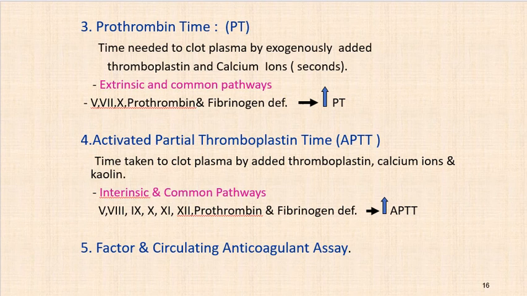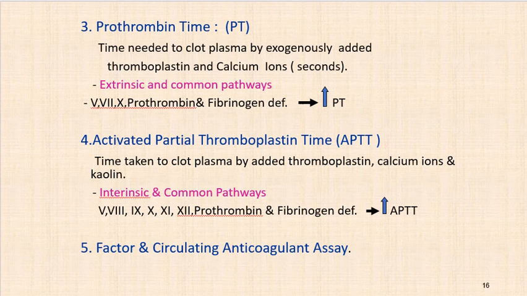So in this way, we can have an idea whether there is abnormality in the extrinsic pathway or intrinsic pathway. And the fifth test is we can measure the factor level directly.